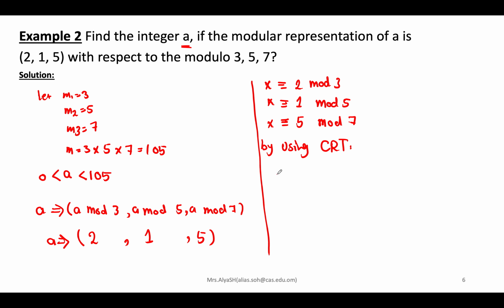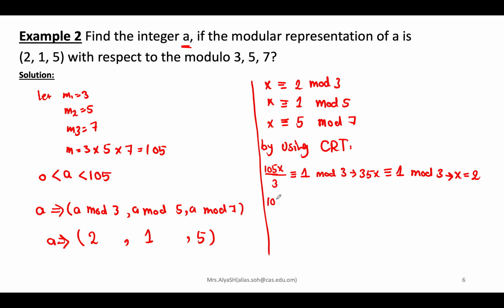So here we have 105/3 times x is congruent to 1 mod 3, and this equals 35x is congruent to 1 mod 3, and this gives x is 2.